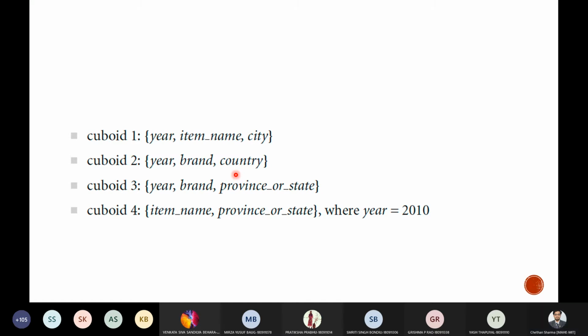Your finer granularity, that is, something at a lower level, cannot be generated by something at a higher level. So country is higher level when compared to city. So cuboid 2 should not be your choice at all. So Q2 is discarded. So you have a choice between 1, 3, and 4.